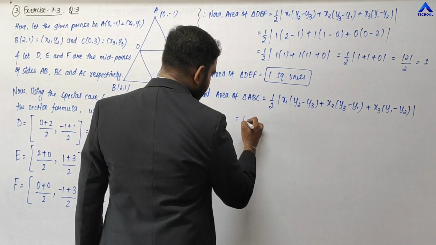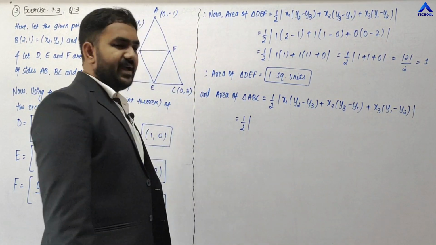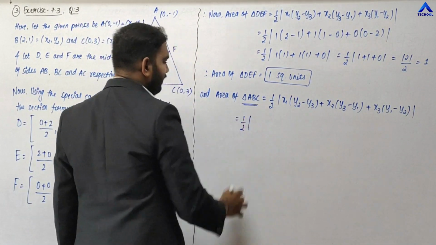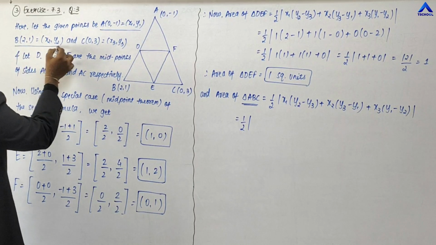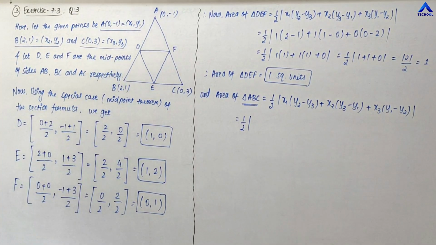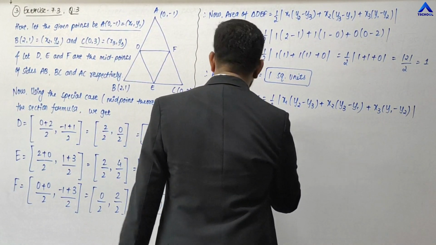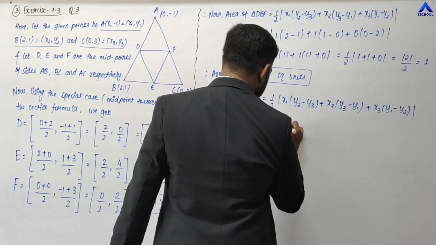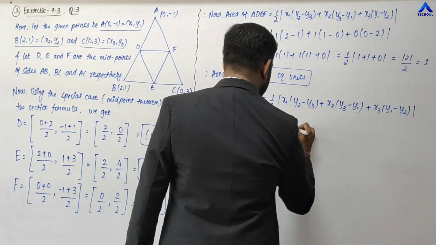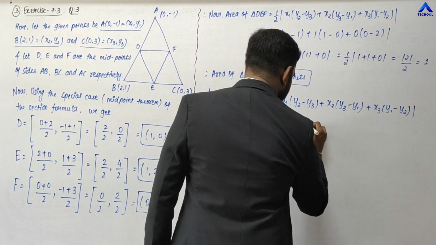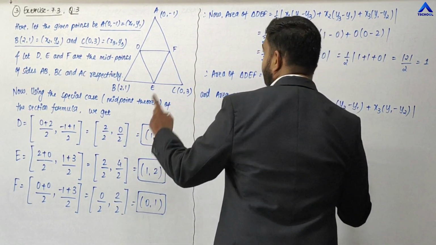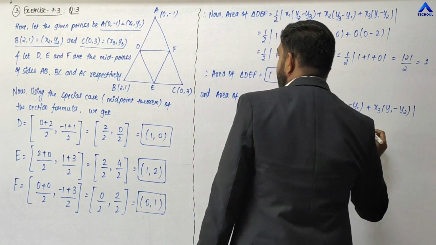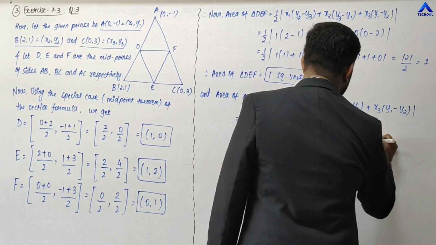Now friends, as you can see we are finding out the area of triangle ABC, so we already have the values of x1 y1, x2 y2 and x3 y3. So we shall use these values: x1, 0, into (y2 minus y3, that is 1 minus 3) plus x2, that is 2, into (y3 minus y1, that is 3 minus minus 1) plus x3, equal to 0, into (y1 minus y2), where y1 is minus 1.